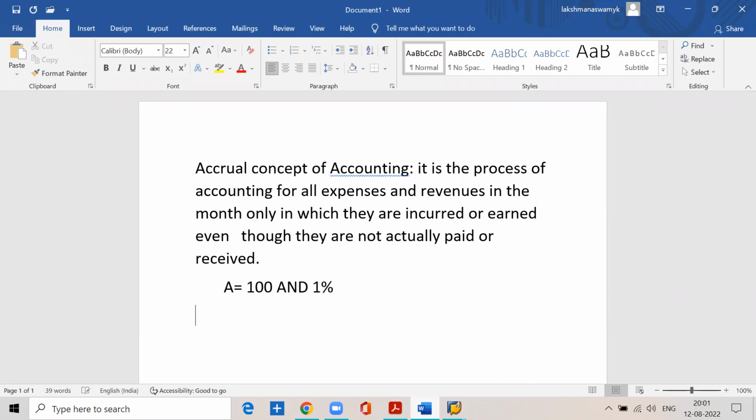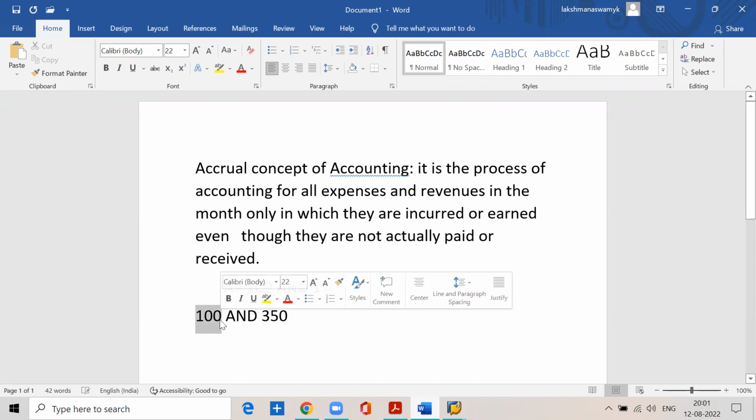That means 100 and 1%, with the 1% applied on the total of the account. So for 35,000, 1% means 350. Out of these two, which one is lower? 100 is lower.